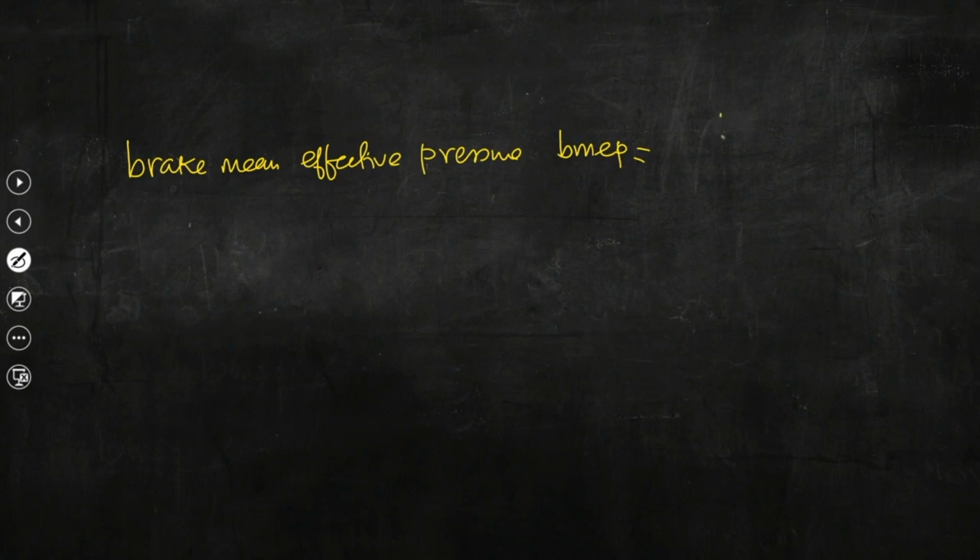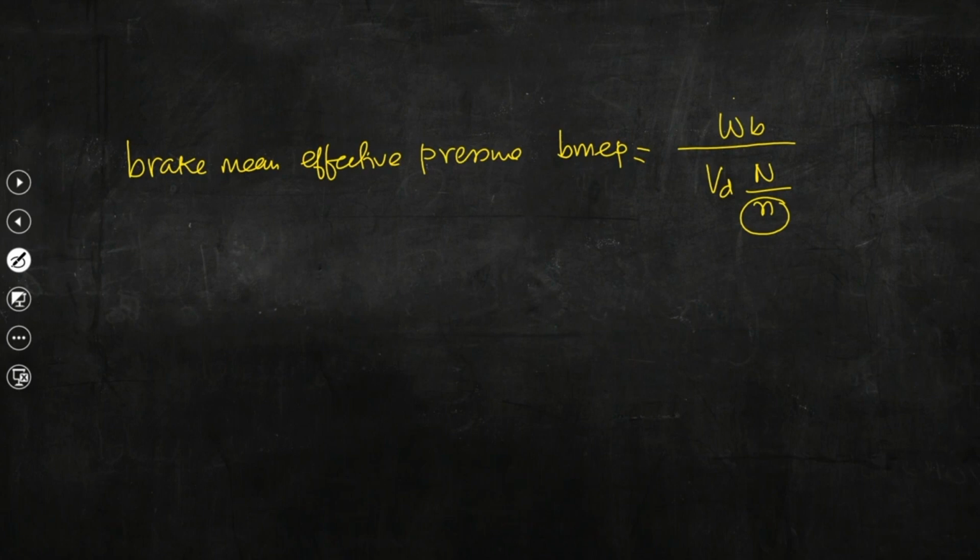If we try to recall, BMEP is W dot B divided by displacement volume into N divided by small n. This is the expression. Now, this small n is the number of revolutions per cycle.